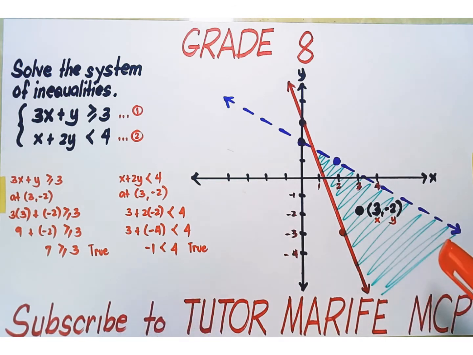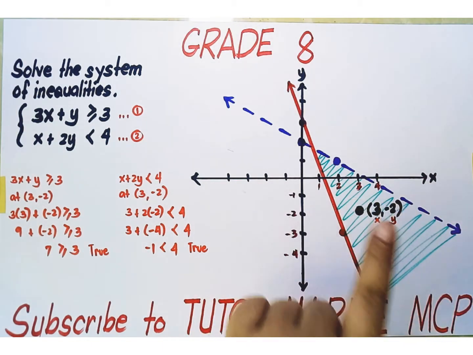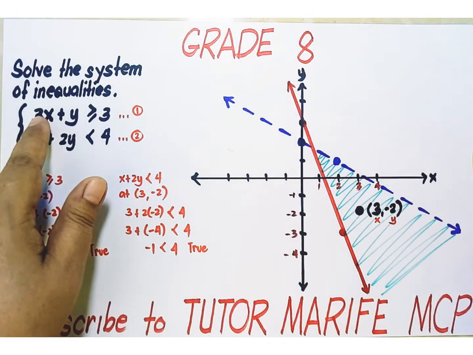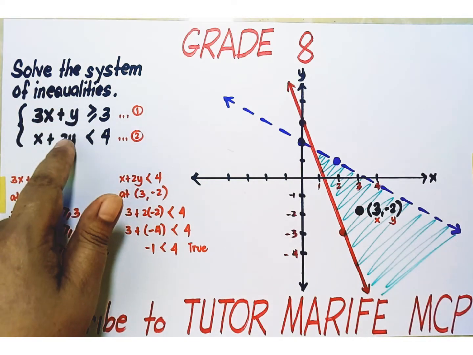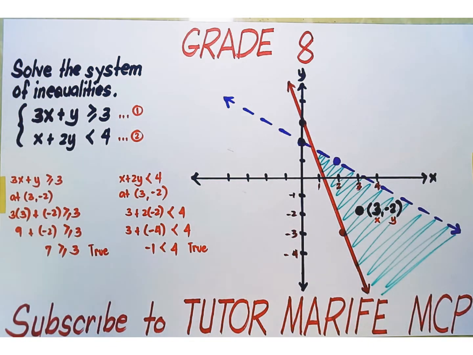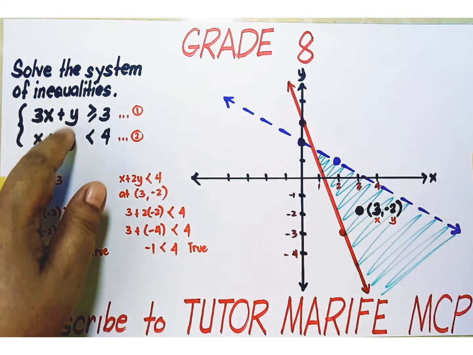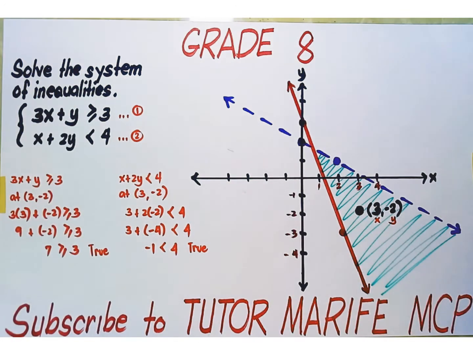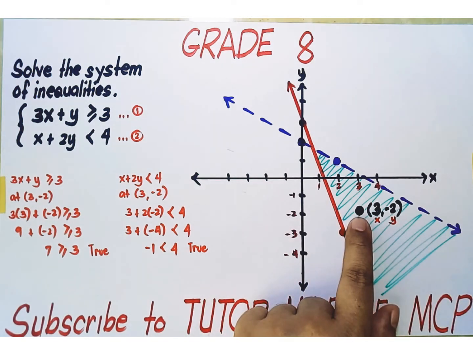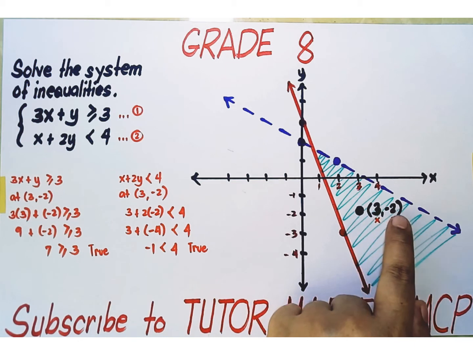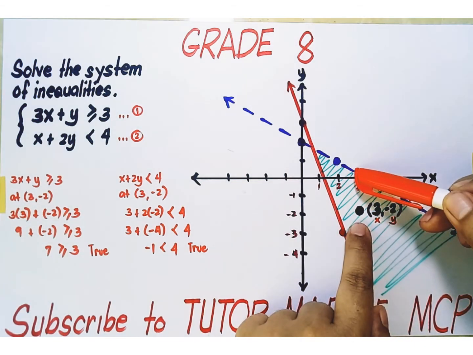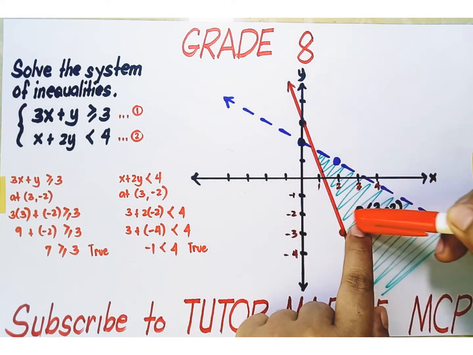We could pick any point within the intersection region and substitute the x and y coordinates of that point into the x and y of each of the inequalities in the system and find out if both the inequalities are satisfied. So I picked this point. This point has coordinates 3, -2.